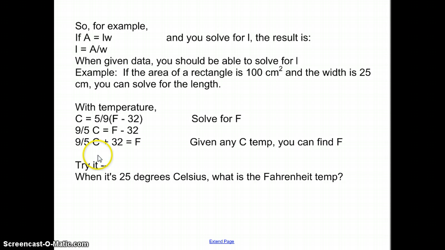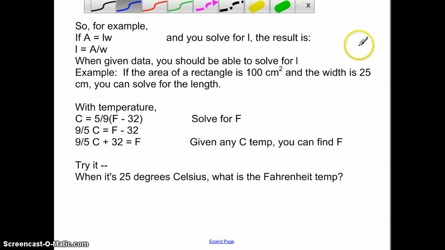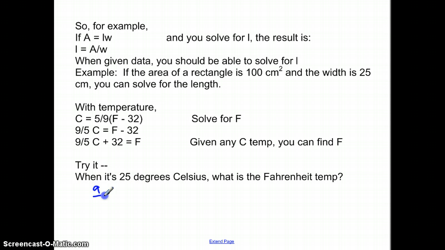So why don't you try this? Okay. When it's 25 degrees Celsius, what is the Fahrenheit temperature? Take a second and pause this, and then you can see what I do. I'm going to take 9/5 and multiply it by 25.